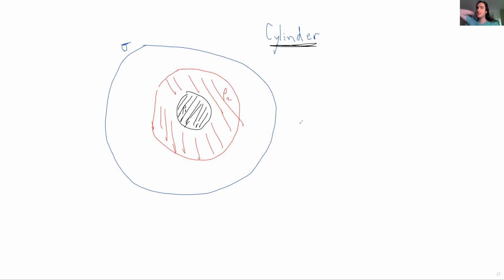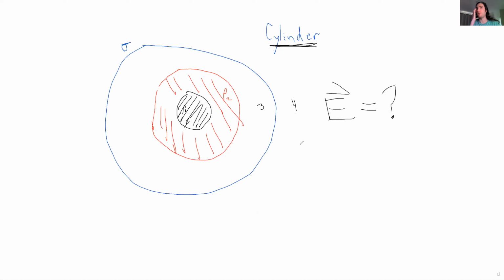That means we want to choose a cylinder for our closed surface. If we were going after the electric field here, let's think about the steps we would take. We have an inner region 1, a second region 2, region 3, and region 4.